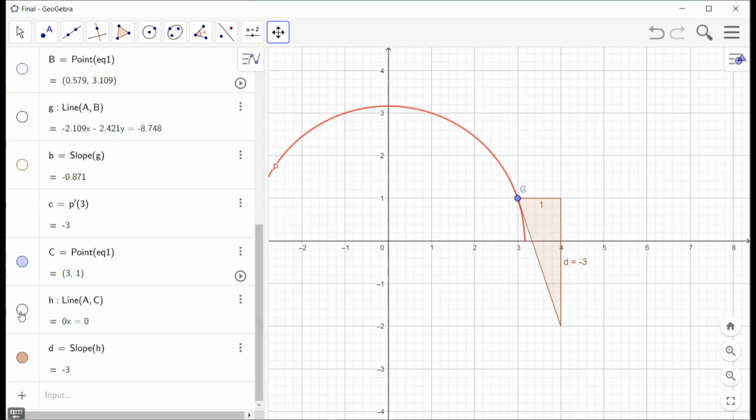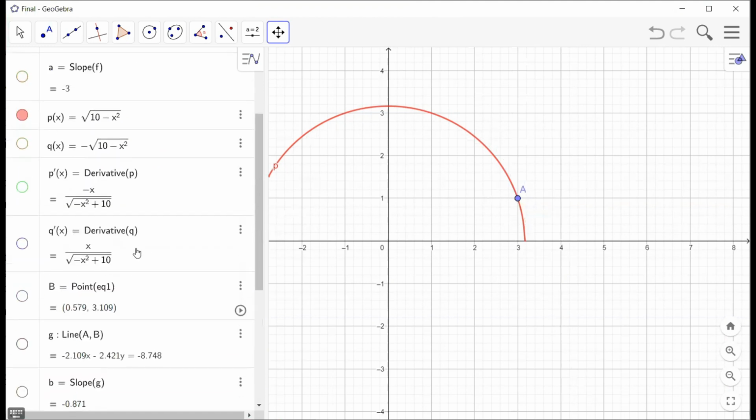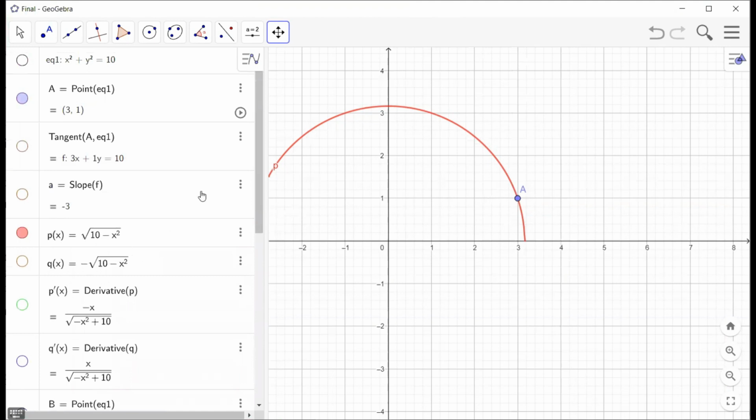We have another method, and this method depends on drawing a secant.